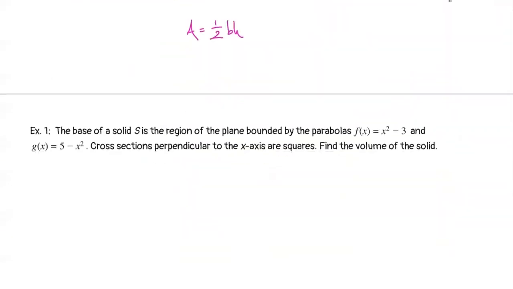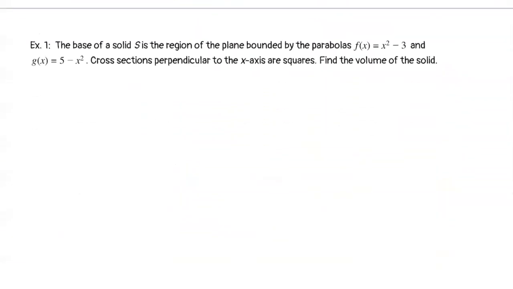So without further ado, let's try our first problem. All right, so this is what a question is going to look like. There's no diagram. It is up to us to draw the diagram, interpret the diagram, come up with an equation, and then at the very end, we get to do an integral, okay? So lots and lots of emphasis on the setup piece of things. Setup meaning we're gonna start with a picture, all right?